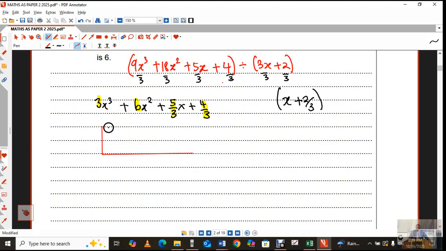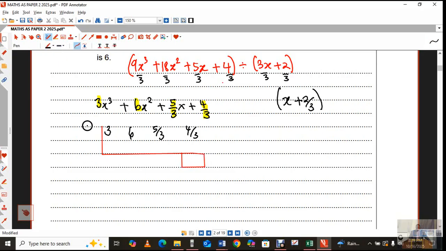Let's just write in the coefficients. So I have 3 here, I have 6 here, I have 5 over 3 here, I have 4 over 3 here. Then you're going to have a little box here for your remainder.